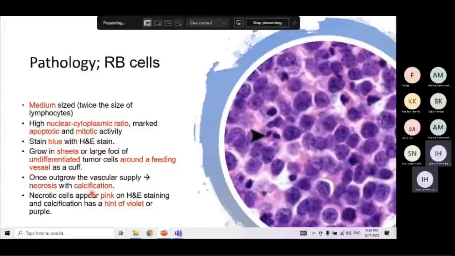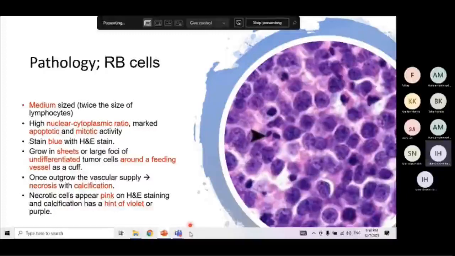This is one of the important clinical features that help us to differentiate retinoblastoma from other conditions, for example Coats disease. Sometimes it's a bit of a gray zone in between them. If you find calcification in the CT or the ultrasound or anything like this, it gives you a clue that this is a retinoblastoma.